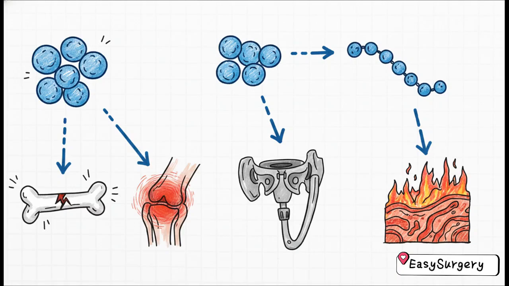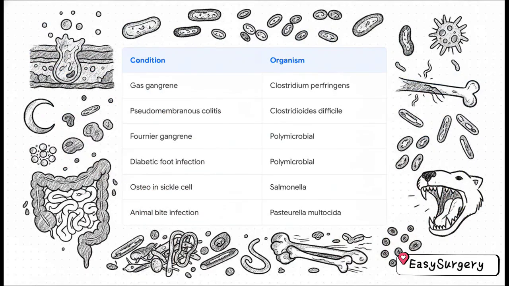But the second you introduce a prosthesis into the mix, like a prosthetic joint infection, you've got to cleanly separate your thinking and choose Staphylococcus epidermidis. Finally, for necrotizing fasciitis, you're looking at Group A Streptococcus, though keep in mind that one is very often polymicrobial in nature. Let's quickly contrast some of these more specific associations. Gas gangrene, Clostridium perfringens. Pseudomembranous colitis is Clostridioides difficile.